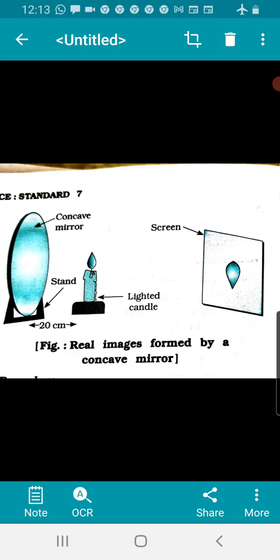Okay, so when the concave mirror is used, the real image is formed, and if the distance is more, then the real and inverted image is formed, but when it is close, the virtual image is formed.